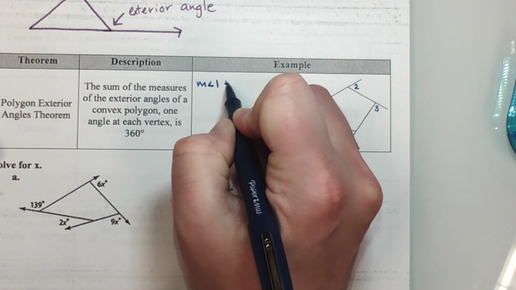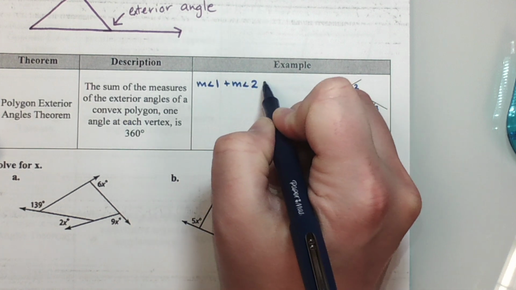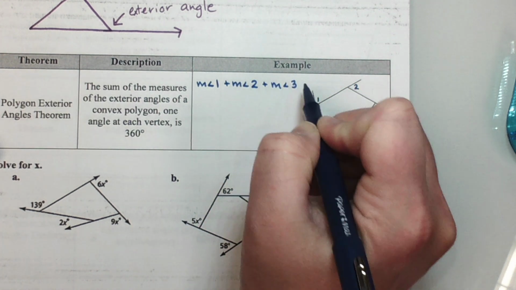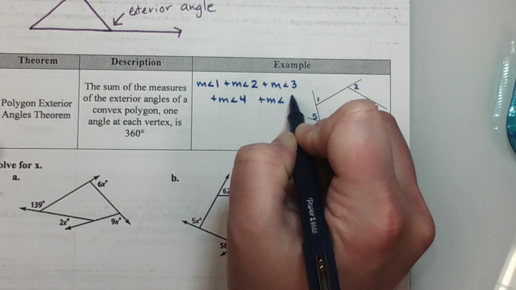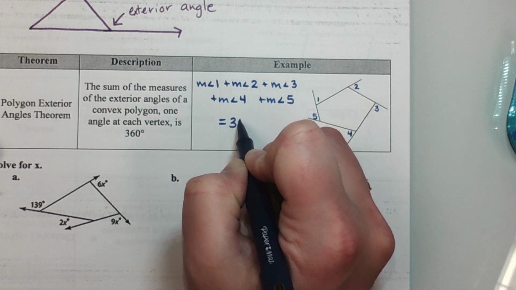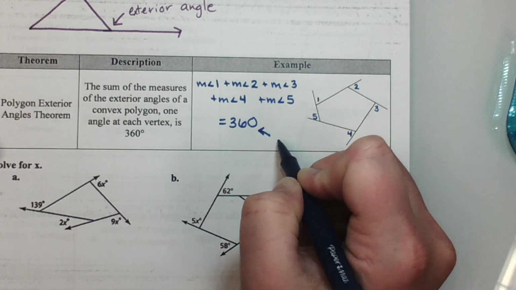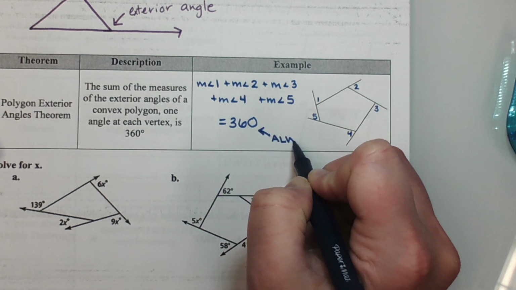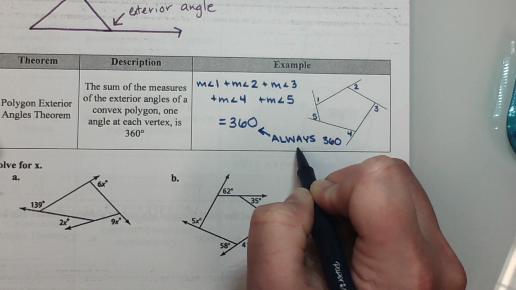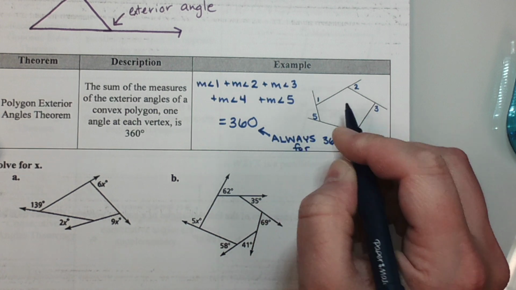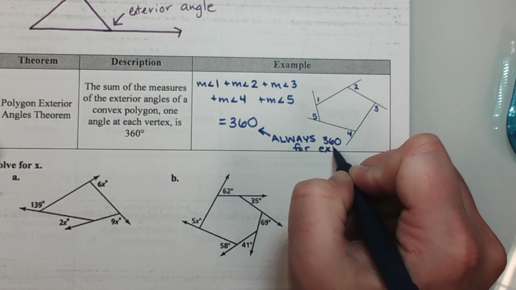So the measure of angle 1, plus the measure of angle 2, plus angle 3, plus angle 4, plus angle 5, equals 360. And it's always 360 for exterior angles.